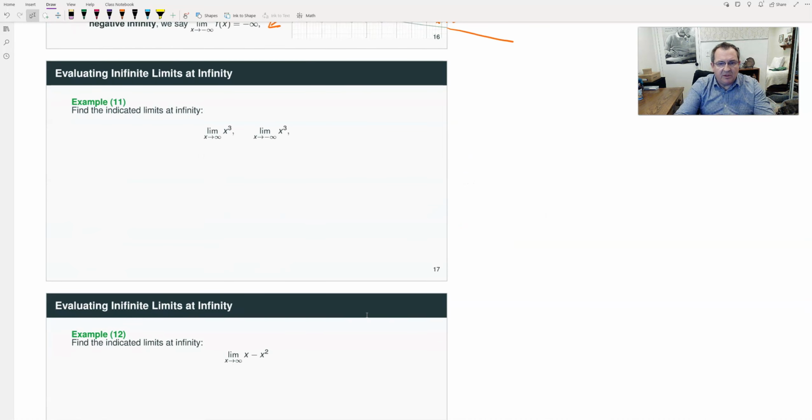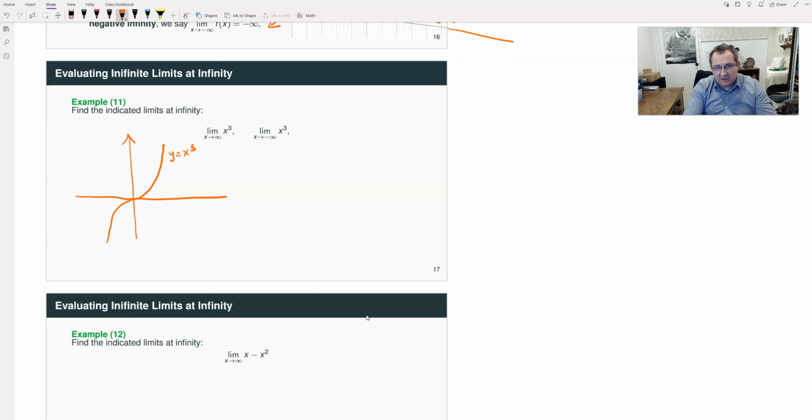So here's a simple one, x cubed, and we will look at two cases: when x goes to infinity and x goes to minus infinity. For the sake of this course, it would be sufficient to recall the graph of x cubed, which is a cubic parabola. This is what it looks like.